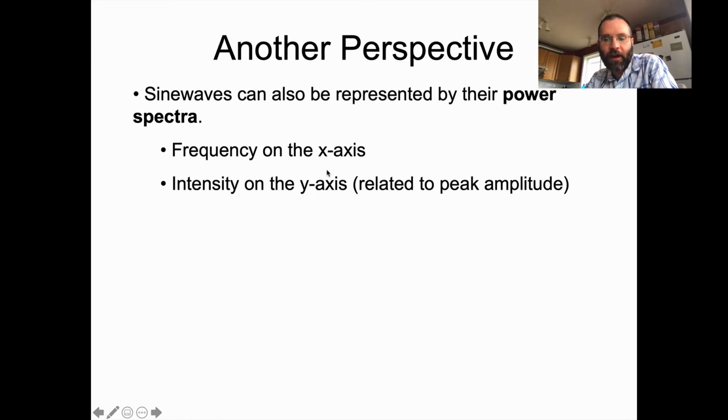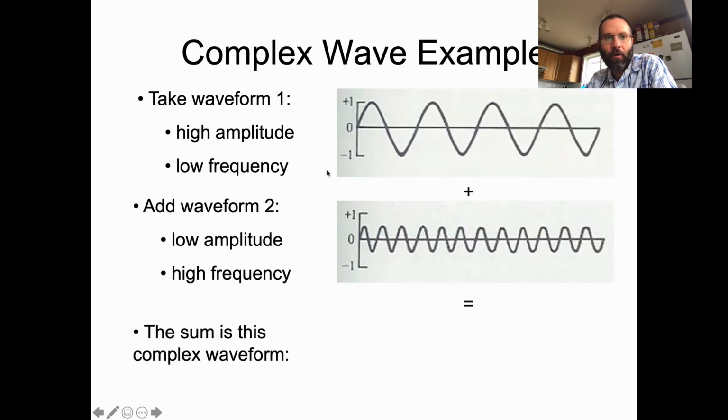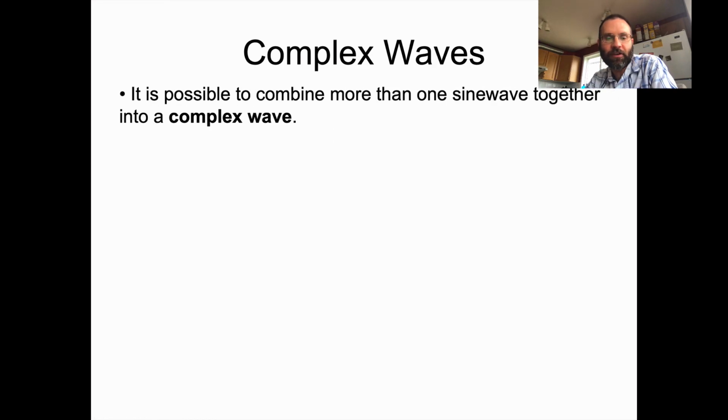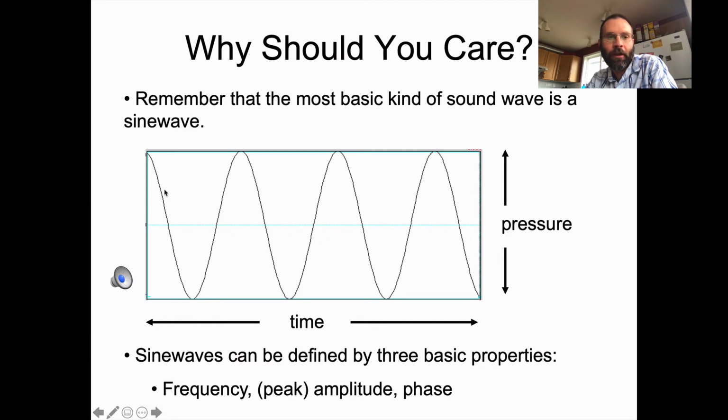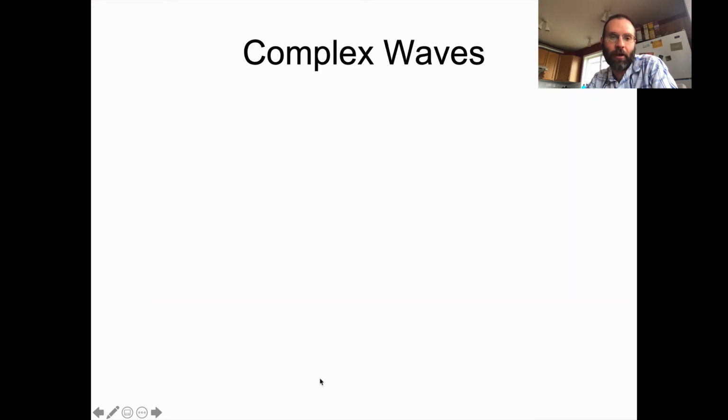So instead of getting a view of how sound pressure changes over time like we do here, we're going to get a very clear understanding of these first two properties of the sine wave. Every sine wave has the same shape, so we don't care that much about what it looks like in the waveform view if we can know what its frequency and amplitude are.